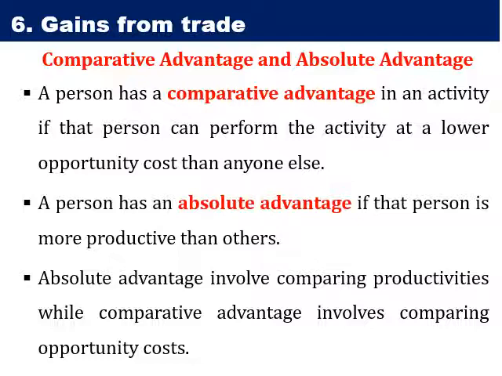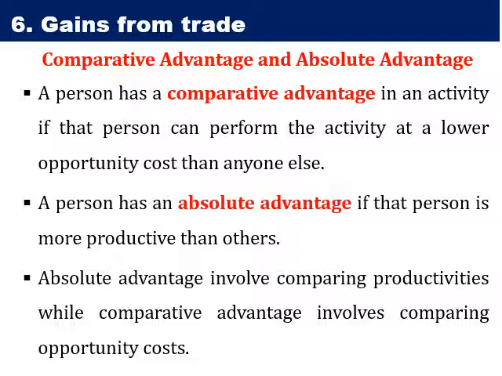The reason why people have different opportunity costs in different activities is that they have different abilities. As we have seen earlier in this chapter, for example, one person may be an excellent teacher but a bad lawyer. Also, different factors of production have different abilities to produce.